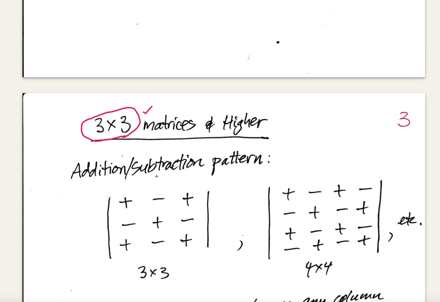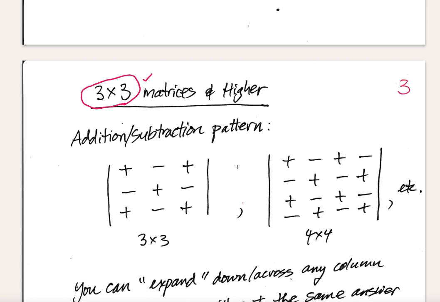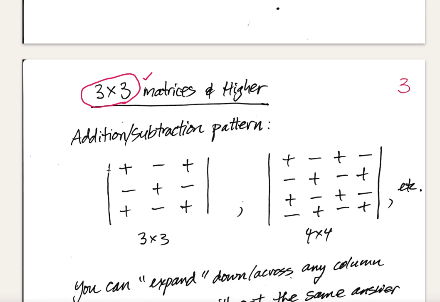Before I actually start how we compute this, let's talk about something I'm going to call the addition-subtraction pattern. Okay? For a 3 by 3. Although I've got vertical bars here, I'm not literally taking a determinant right now. I just want you to see the following pattern. And this holds for all dimensions, actually. Of course, square matrices, though. Start in the upper left-hand corner. I want you to imagine that's plus, always. Plus, addition.